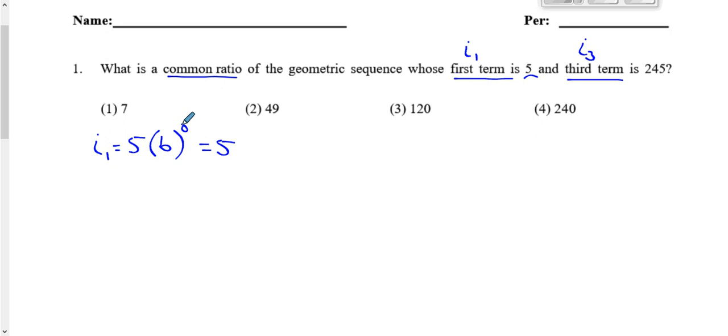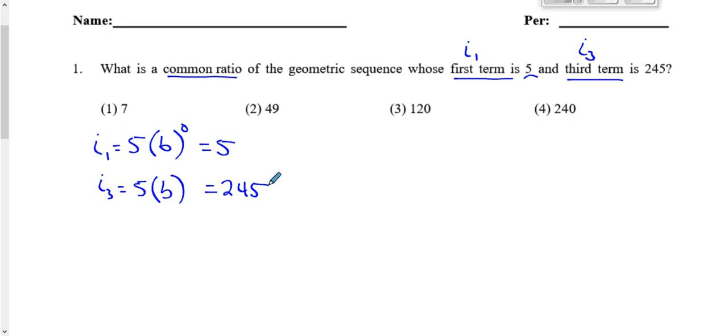Now let's set it up for the third term, guys. So the third term, I sub 3, is going to be 5 times b to something is going to equal 245. So b to the what? By the way, it's going to be n minus 1, isn't it? Yeah. So 5b to the what?